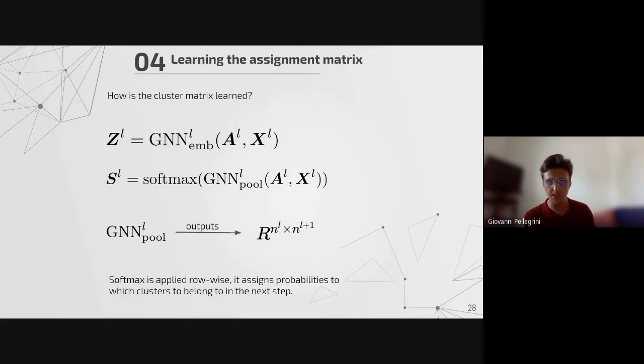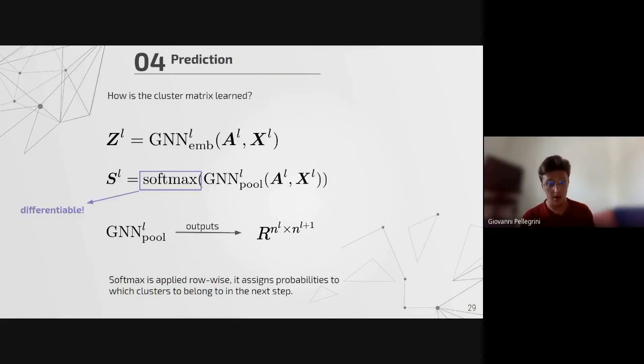This is useful because by using the softmax, we get a bunch of probabilities that indicate how probable it is that this node fits in the cluster, and this allows for one node to be in several clusters. So it's not exclusive, the fact that one node is assigned to just one cluster.